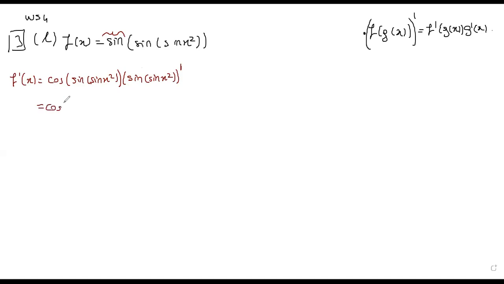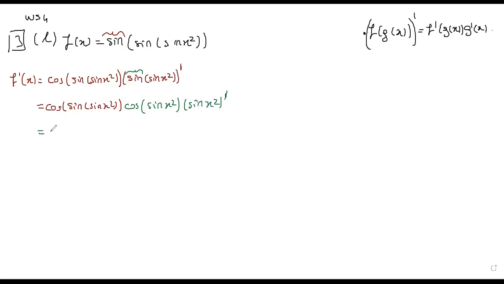Now what do we have? We have the same thing as the previous one, and the derivative of this function. So now we take the derivative of this function, which is cosine of sine x squared, times this one's derivative, now the derivative of sine x squared.